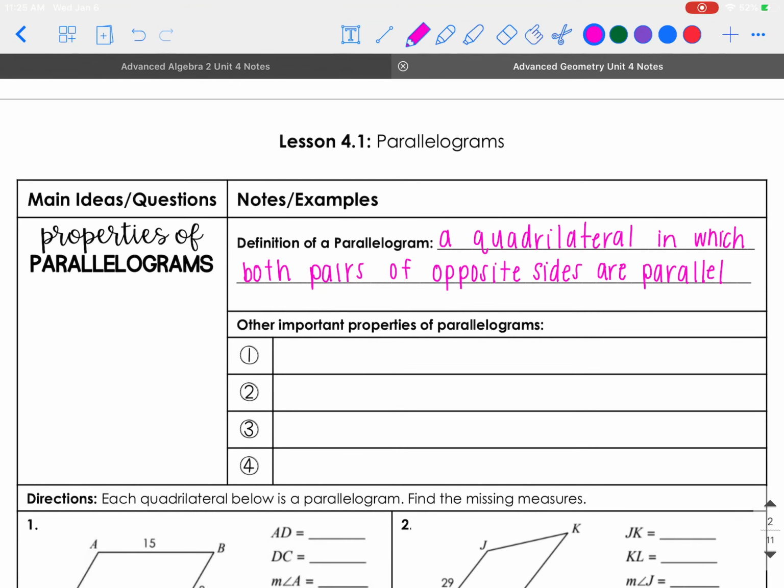So many of the quadrilaterals are also parallelograms. So a parallelogram just means that we have two sets of sides, both sets are parallel.